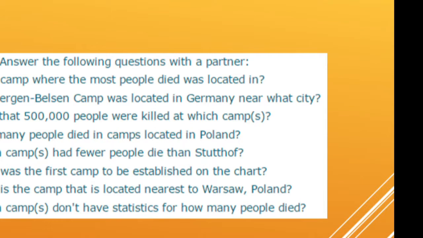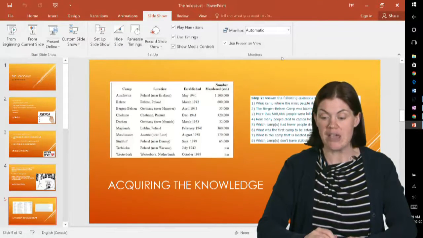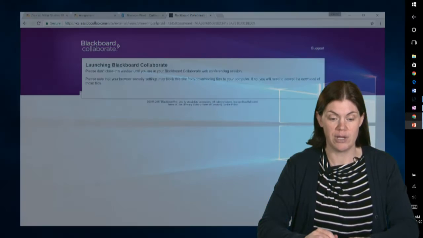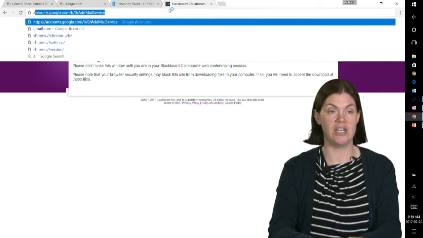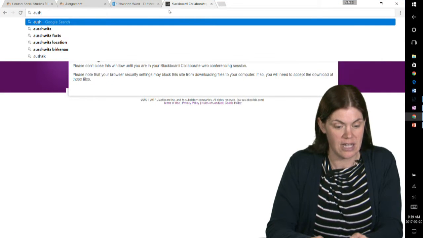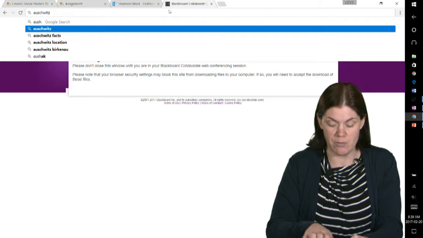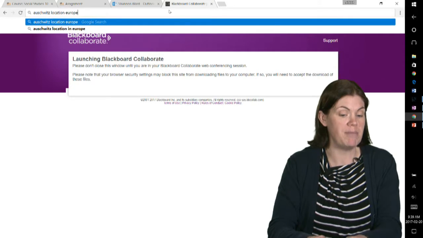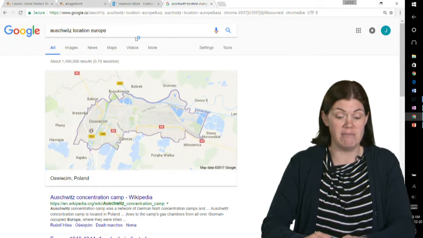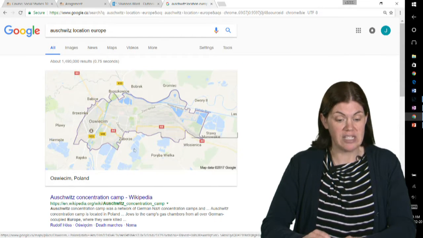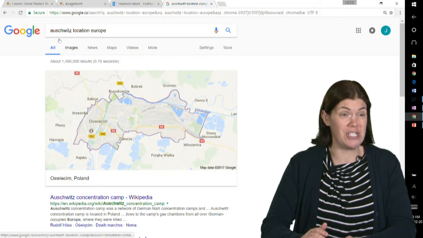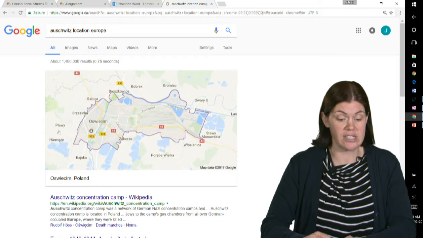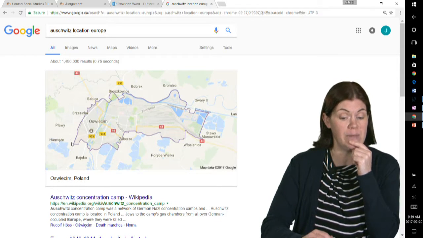If we go here and type in Auschwitz, making sure I'm spelling it right, location, Europe. Maybe just type in some keywords, right? Basically you can easily go to your images tab, or here you go. So it looks like it was located in Poland.